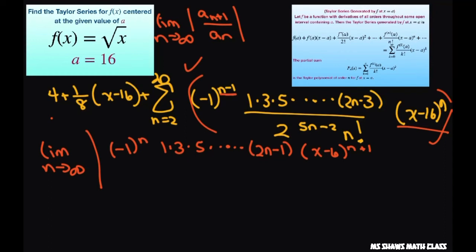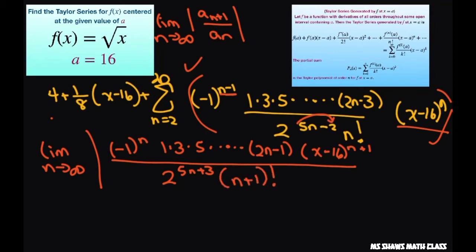All right. Trying to go too fast. Okay, and the denominator is just going to be 2 to the power of 5n plus 3, because you're just adding 5 to this. And then you're going to get n plus 1 factorial.